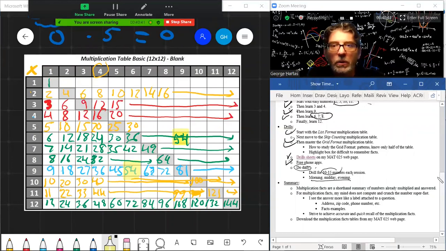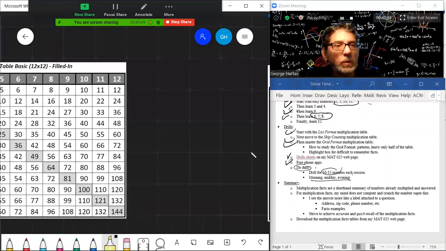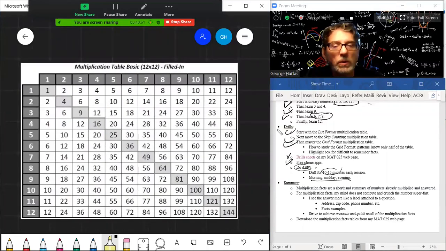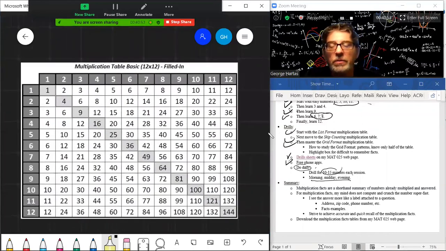All right, to summarize, you can think of the multiplication facts as a shorthand summary of numbers that were already multiplied and answered for you. That's how I see these. Let's take the number 45.